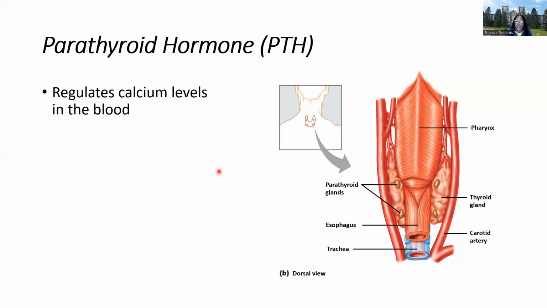As such, it's going to regulate calcium levels. We'll talk about calcitonin, which is the opposite hormone. Calcitonin is going to take calcium from the blood and deposit it into the bone. So parathyroid hormone goes from bone to blood, and calcitonin is going to take it from the blood and store it in the bones.